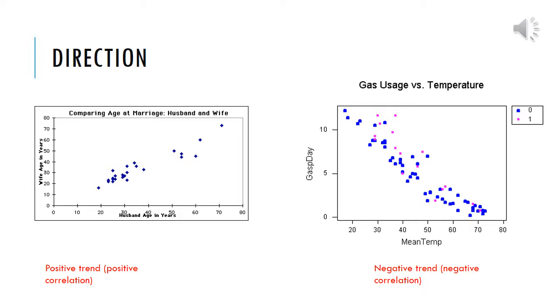There's a relationship between mean temperature and gas used per day. As mean temperature increases, gas used per day decreases. This is a negative linear relationship between the variables. A positive trend looks like uphill from left to right, whereas a negative trend looks like downhill from left to right.